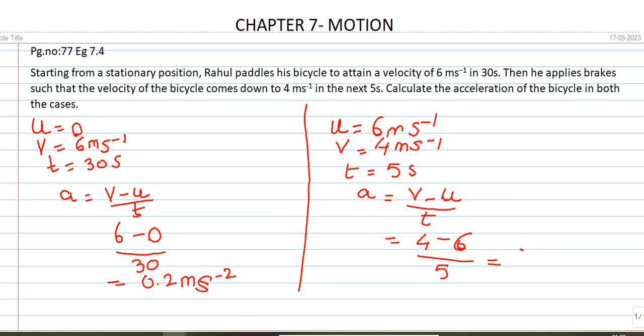So this is minus 2 by 5, which is equal to minus 0.4 meters per second square. Now why do we have a minus here? The velocity is coming down, so it is a negative sign for the acceleration here. So we will go to the next sum.